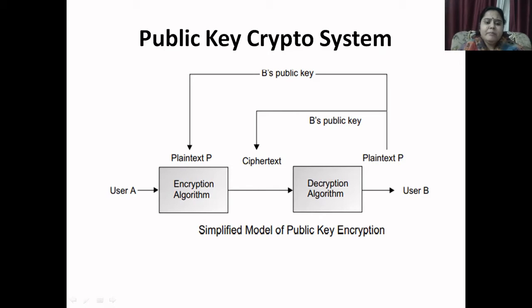Each system publishes its encryption key, known as the public key, by placing it in a public register or file where it is accessible to all. The companion key to be used for decryption is known as the private key and is kept secret.